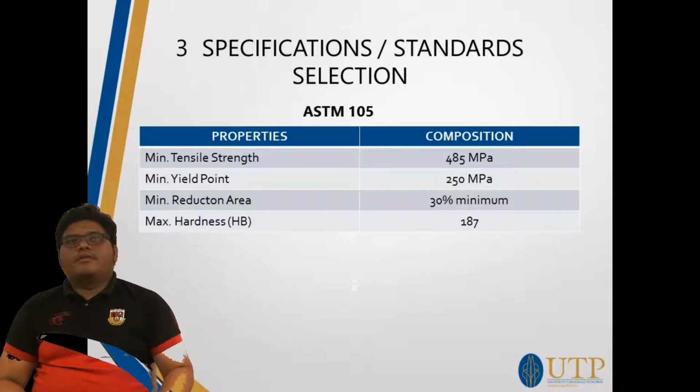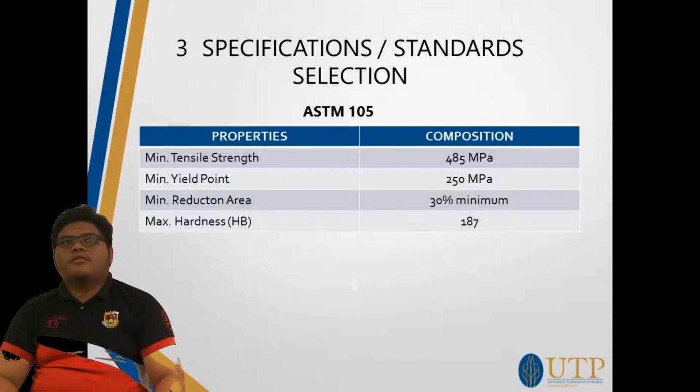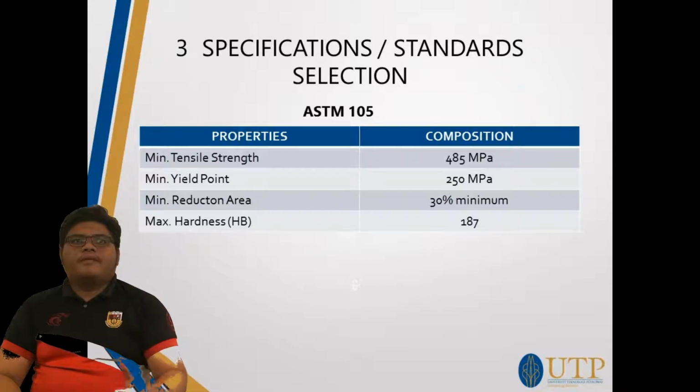Assalamualaikum. Now I will talk about the specification and standard selection for our materials. Based on the American Society for Testing and Materials, we decided to use ASTM standard A105, which consists of the elements carbon, manganese, phosphorus, sulfur, silicon, copper, nickel, chromium, molybdenum, and vanadium, mixed with the steel in the material.